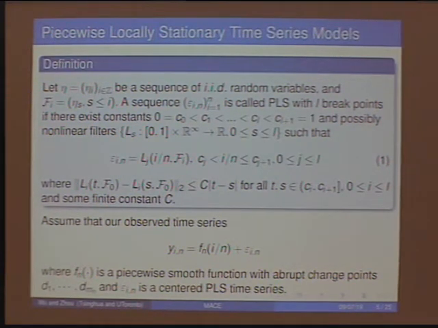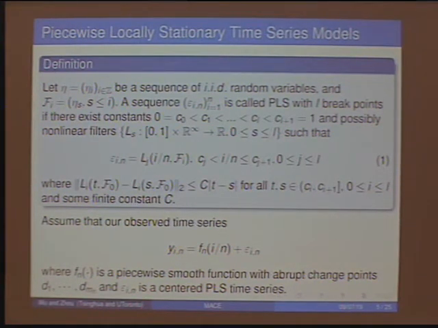What I have added here is a piecewise adjective. Piecewise locally stationary means that the time series is locally stationary in segments of the data. In other words, your data can be segmented into many locally stationary segments, and at the boundary points of the segments, the data generating mechanism is abruptly changing over time.